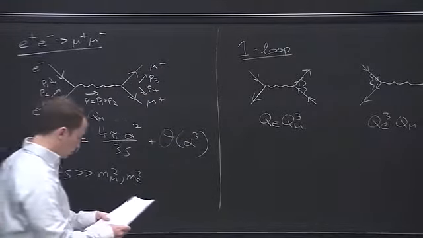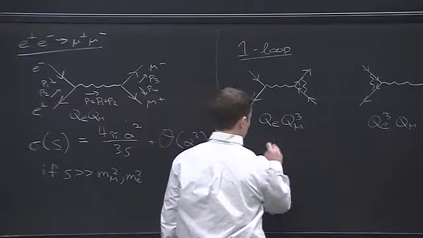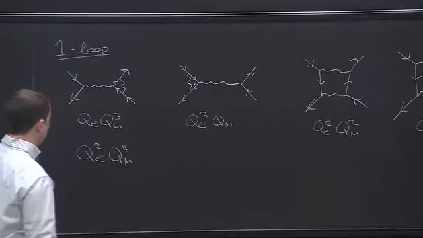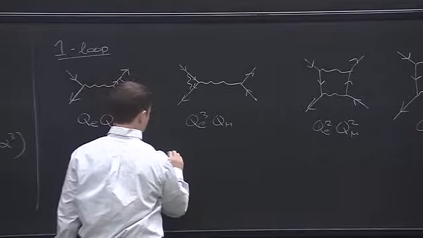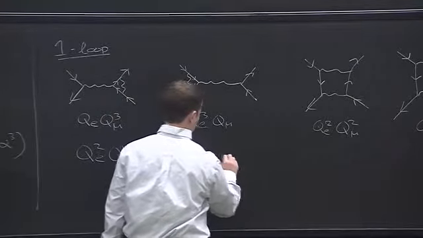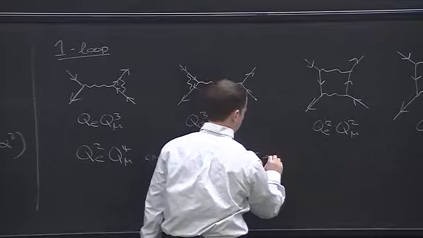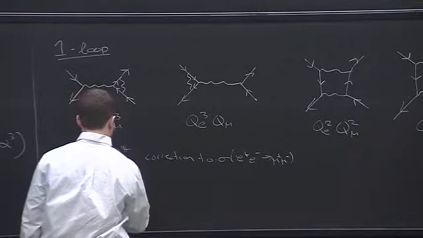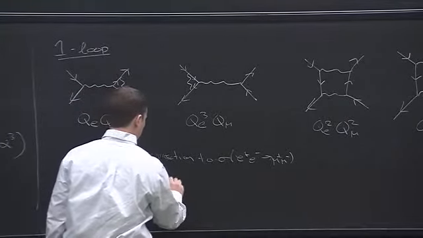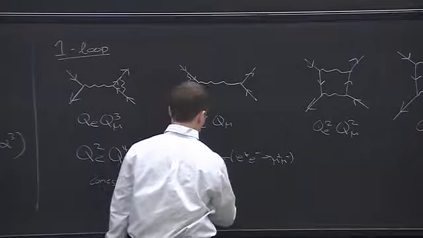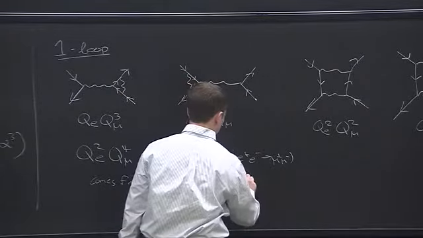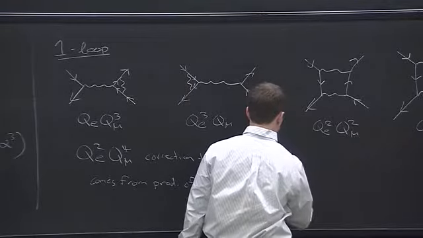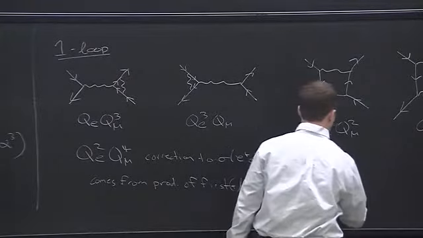So if we want to find the order QE squared Q mu to the fourth correction to sigma of e plus e minus to mu plus mu minus, this comes from the product of the first and also the last diagram with the tree level diagram.